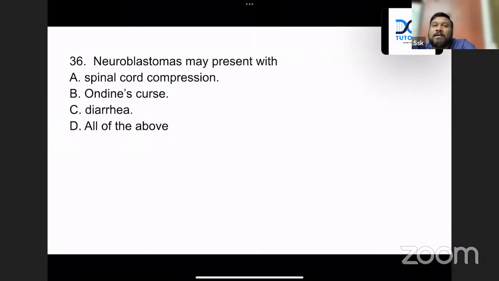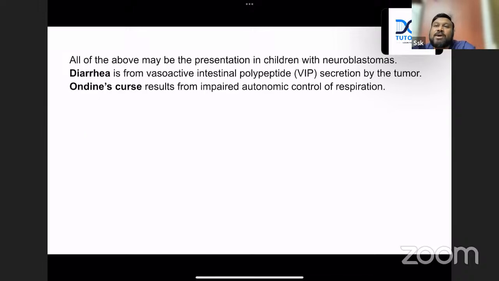All right. Neuroblastomas have a tendency to present with spinal cord compression, Ondine's curse, and diarrhea. What is this Ondine's curse? Ondine was cursed, I think in Greek mythology, by some Greek god that if he wants to stay alive, he has to breathe, and if he sleeps, he cannot breathe.